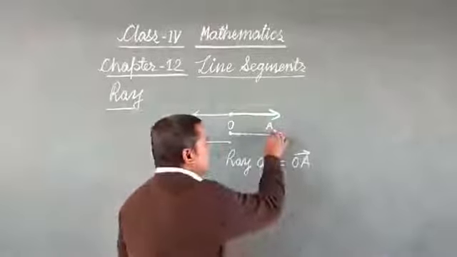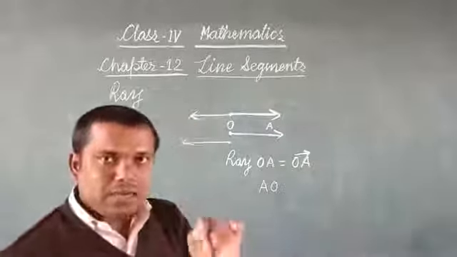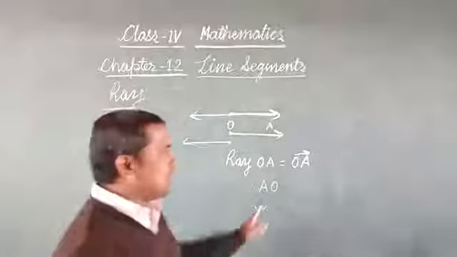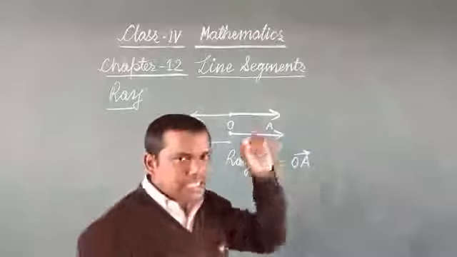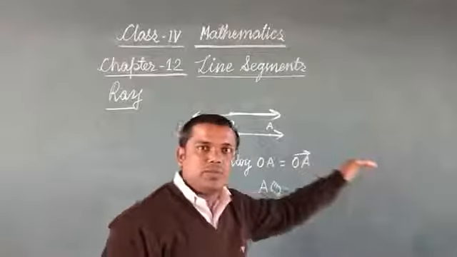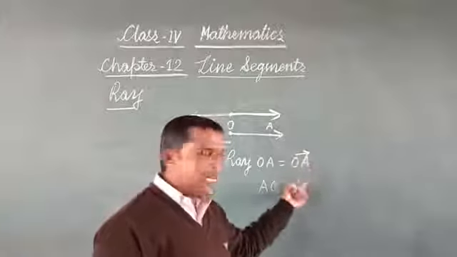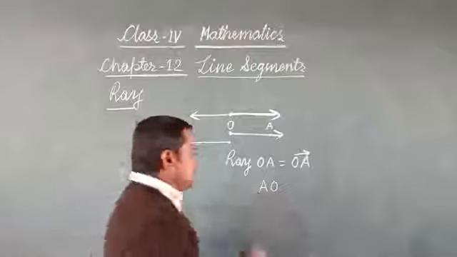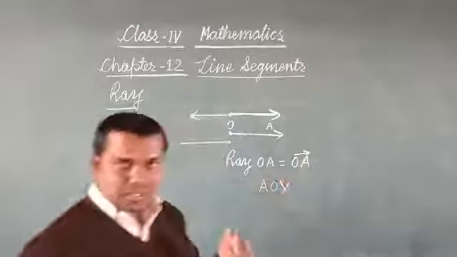To represent a ray, keep in mind that we first write the initial point, then we write any point on the ray. As I have taken in the direction of the ray, OA is a ray, not AO. If it is AO, then it will be wrong.